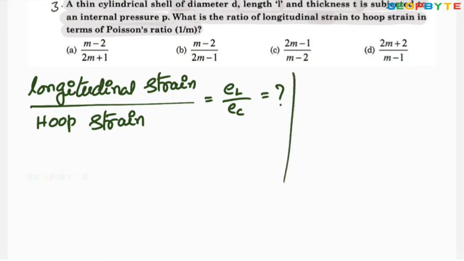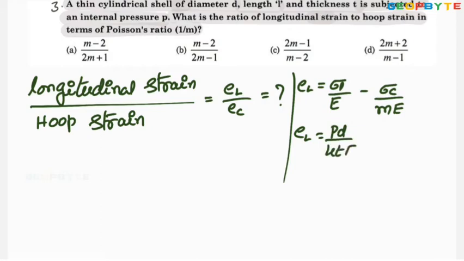As we know, longitudinal strain equal to sigma L by E minus sigma C by mE. EL equal to sigma L, PD by 4T into E, minus PD by 2T mE.